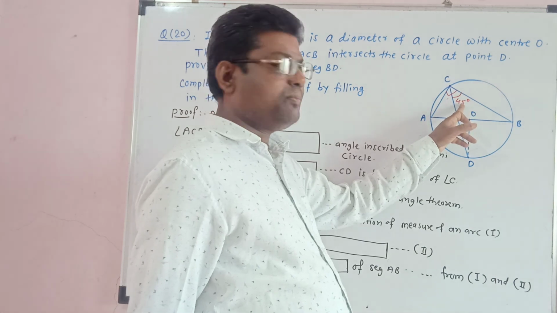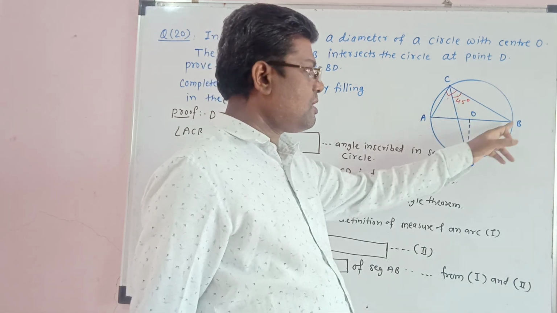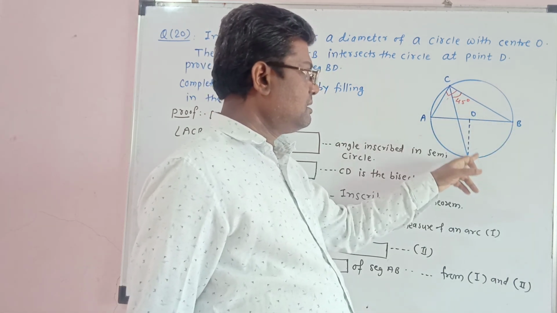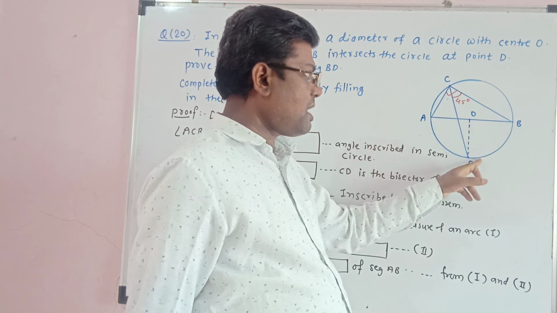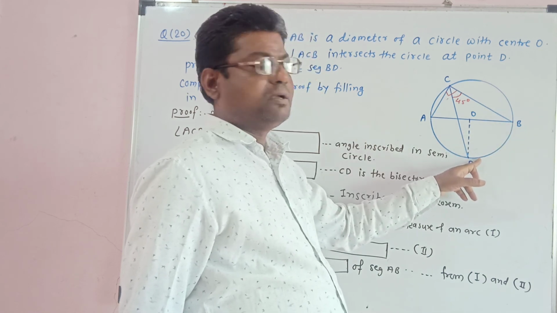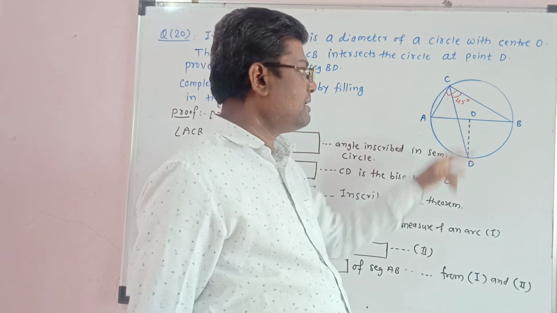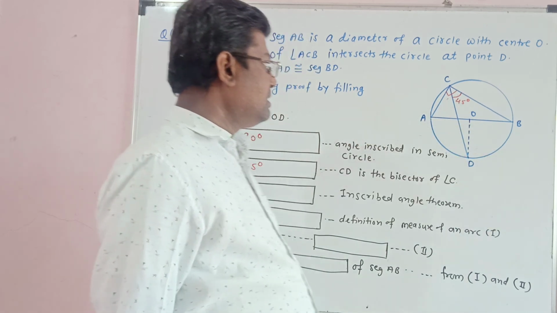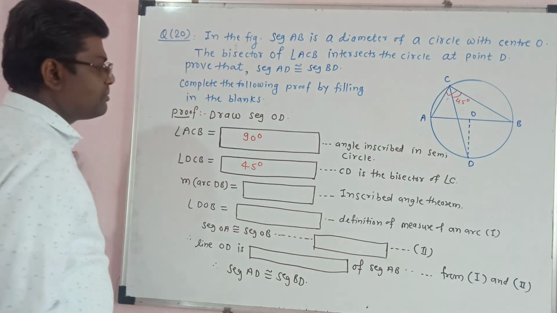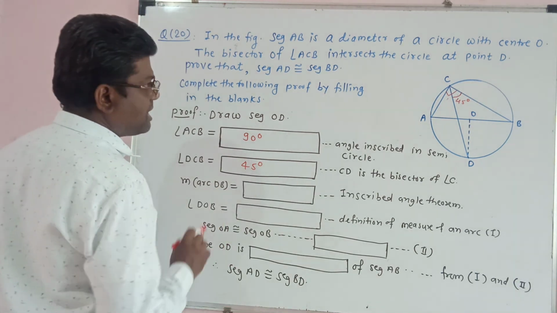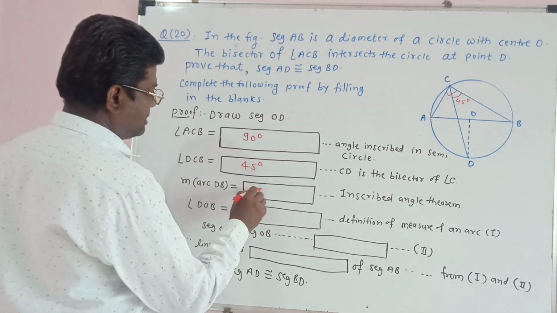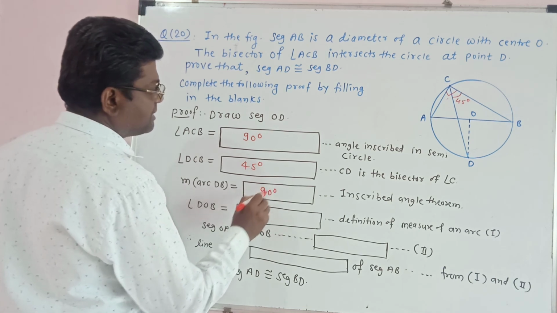Therefore the measure of this angle is half of the arc. Therefore the measure of arc BD is 2 into 45 degrees, which is 90 degrees. Inscribed angle theorem.